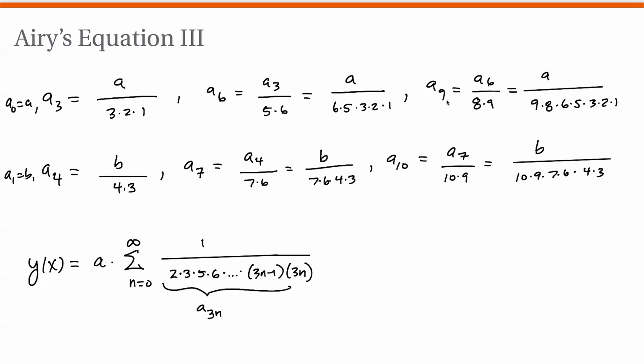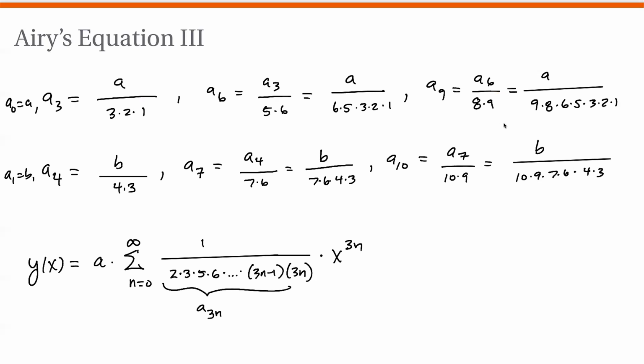Just double check that this is written down correctly. Yeah, this looks good. So this is going to be times x to the 3n. So the coefficient 3n goes with the power 3n. So the coefficient of x to the 9th power would be this value here.